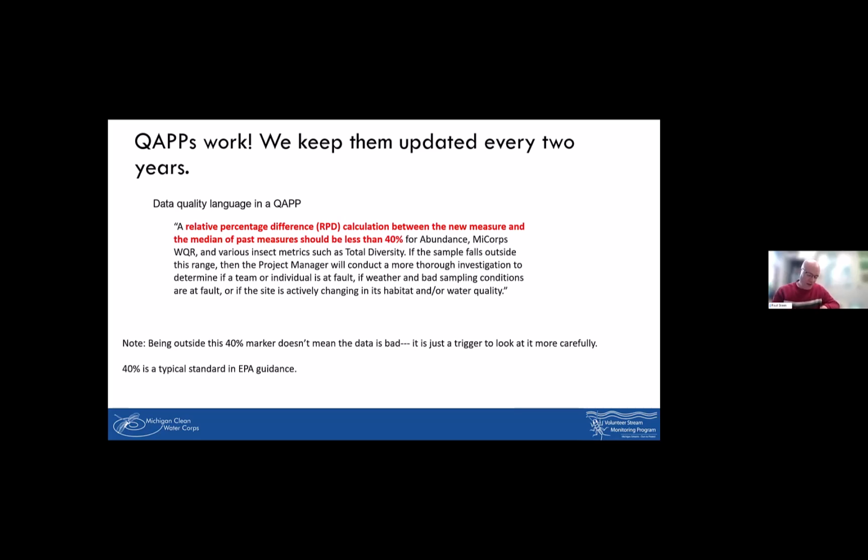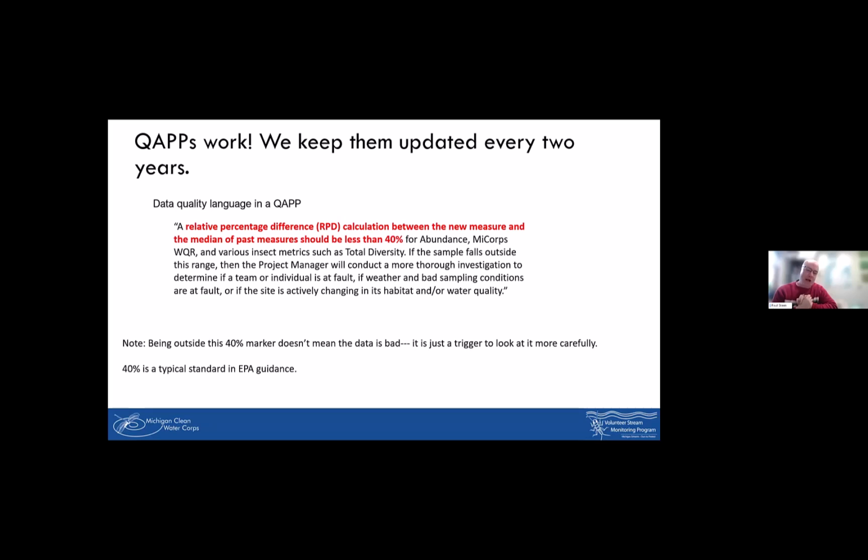That is a prerequisite for getting grant funding. So any organization that's active with us, that MiCorps is giving money to, needs to be operating under one of these updated QAPs.